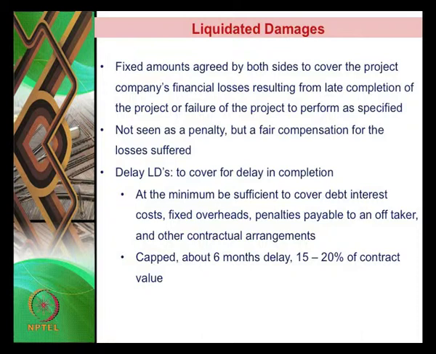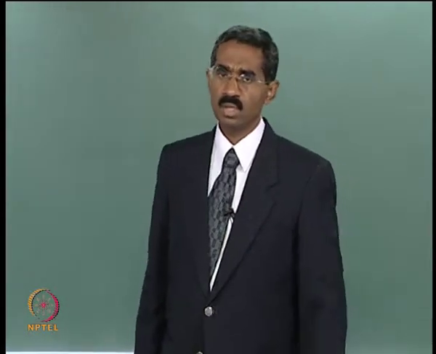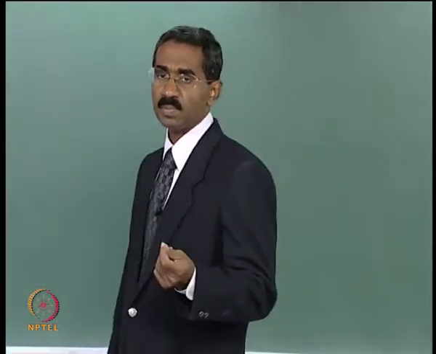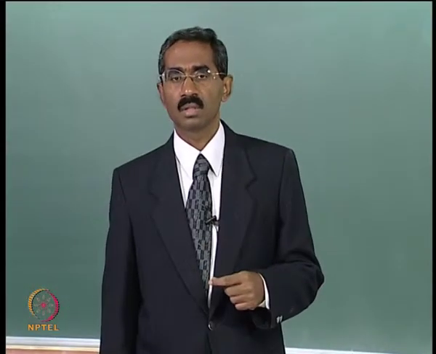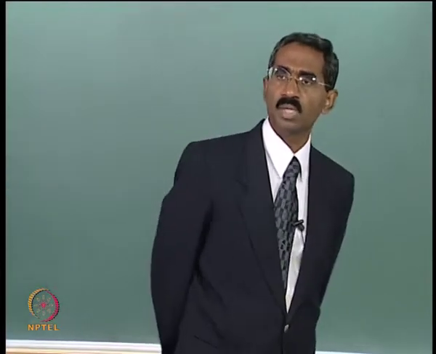So fixed overheads, and if the company has actually signed an off-taking agreement, and if the off-taking agreement provides for supply of power on an agreed date, if there is a delay, obviously the project company is not able to generate power on the agreed date, and that results in a penalty payment to the off-taker. So the liquidated damages should be in a position to cover up for the penalty payments to the off-taker.